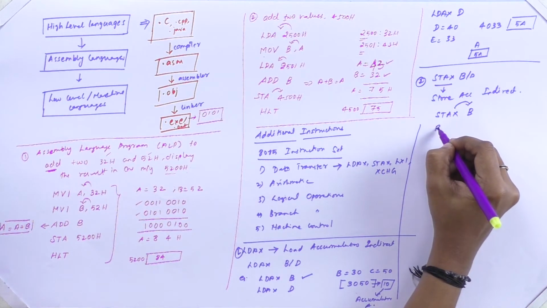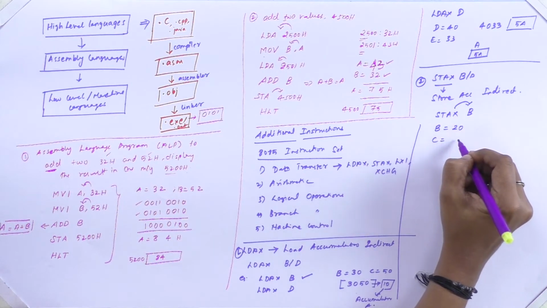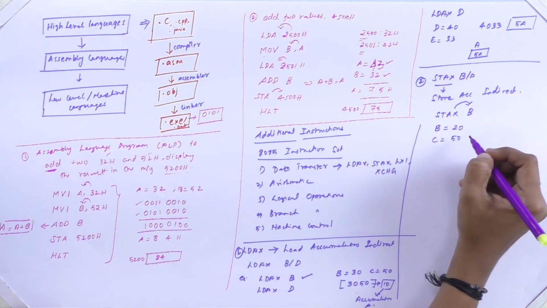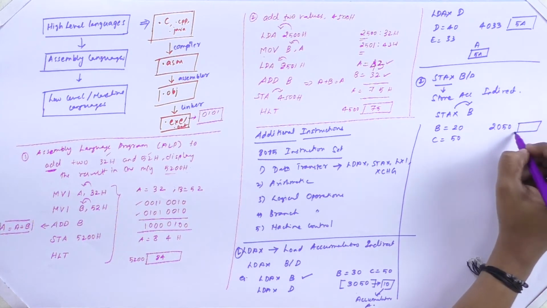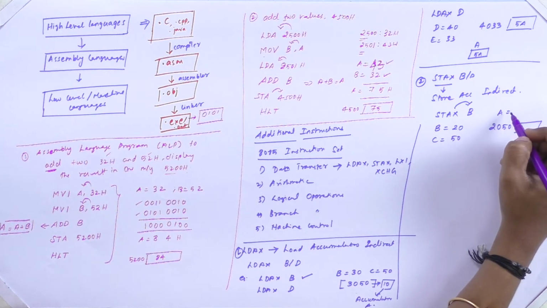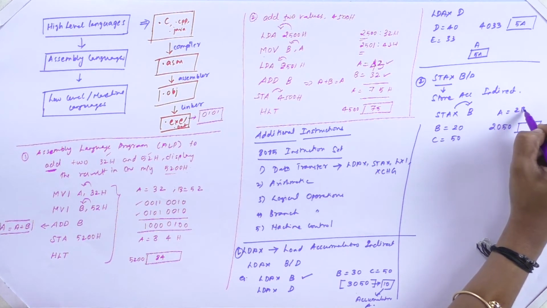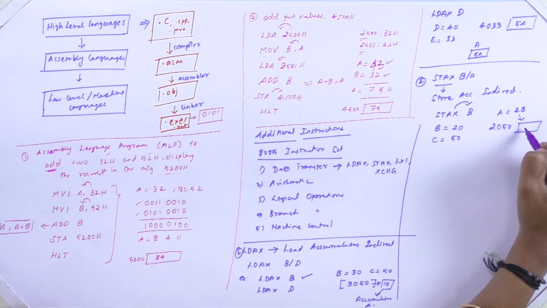Example is, if B is equal to 20 and C is equal to 50, then it refers to the memory location 2050. If the value present in the accumulator is equal to 2BH, then this 2B will be copied to the memory location 2050.